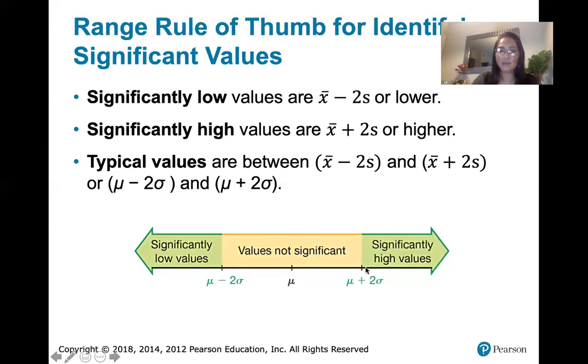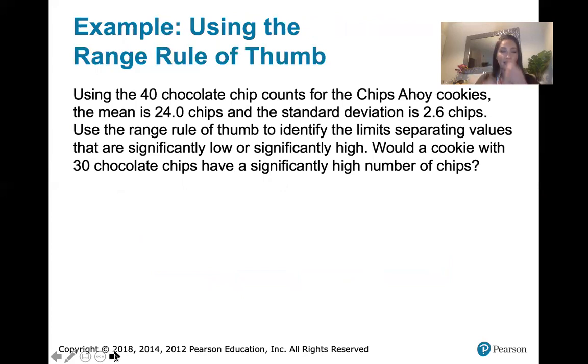But any value that is higher than the mean plus 2 standard deviations, we're going to say that's significantly high. And any value that is lower than the mean minus 2 standard deviations, we're going to call that significantly low. So let's apply this in an example problem.